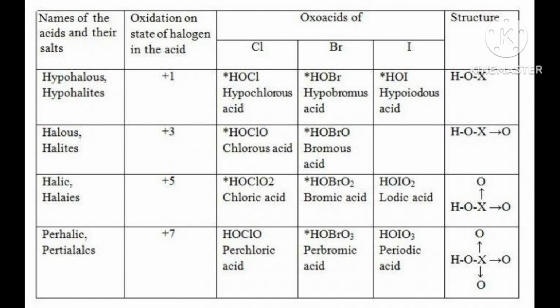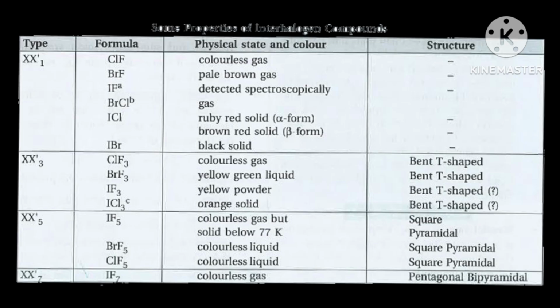Exception is in melting point and boiling point, except that their melting and boiling points are a little higher than expected. And other physical properties are in the middle, or intermediate, of the two elements they are joining.